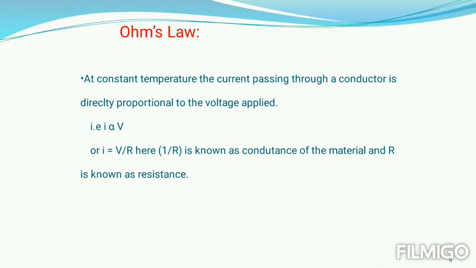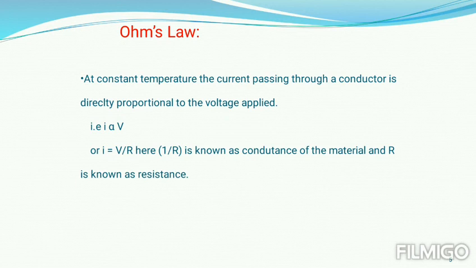and before going to Ohm's law, let us understand the dependence of resistance, or the laws of resistance. Generally, the resistance of a material depends upon the length of a conductor, area of cross section, and also temperature and nature of the material.